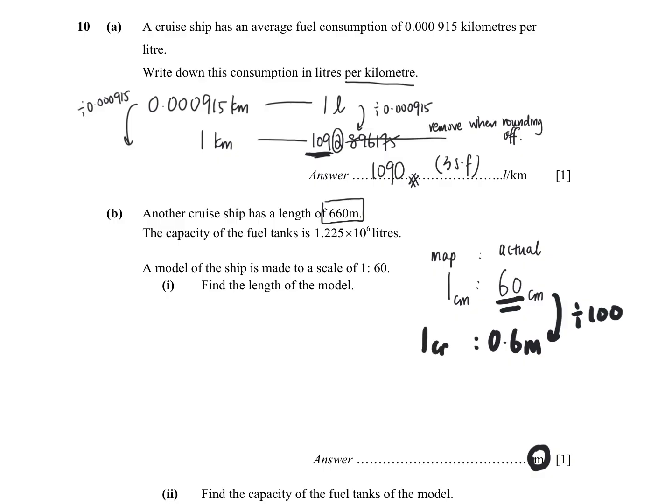Here no need to divide, it's still 1 cm. So to find what is 660 meters, what do you multiply? Or if it's difficult, you can find 1 first, and then you go and find 660, easier.